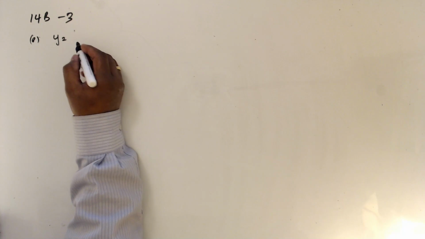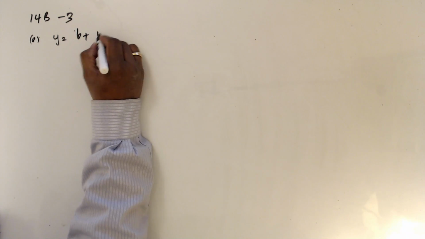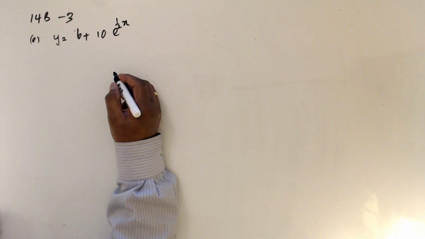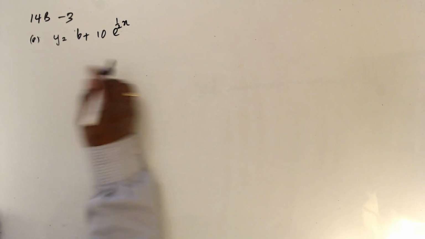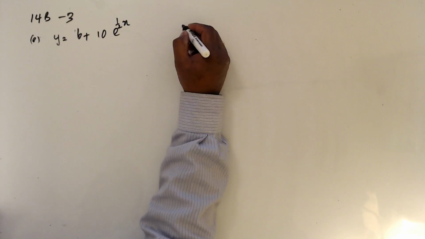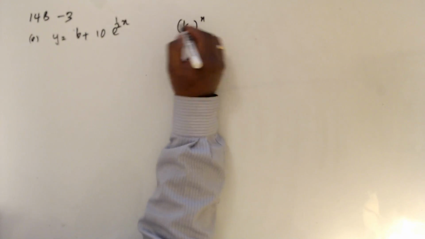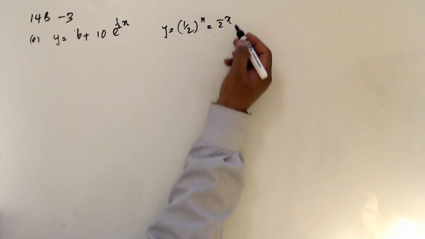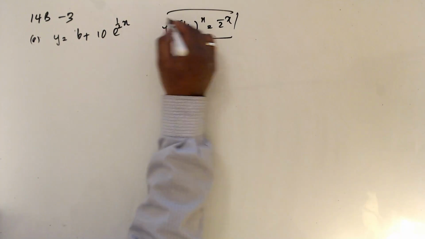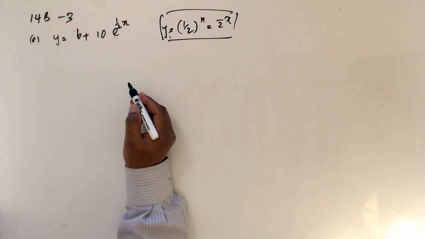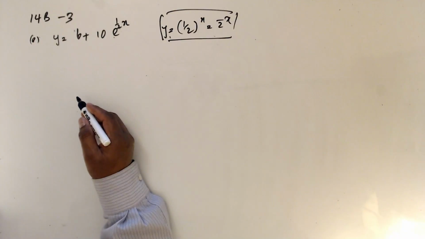So I will write this one, 6 plus 10 e to the power half of x. Also, this is not the half to the x graph, which is 2 to the power minus x. This is e to the power half x. So this is a different sum here, a different scenario.